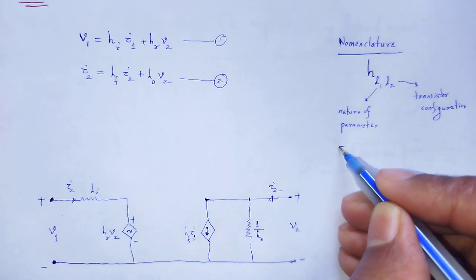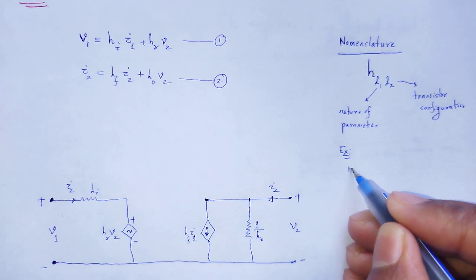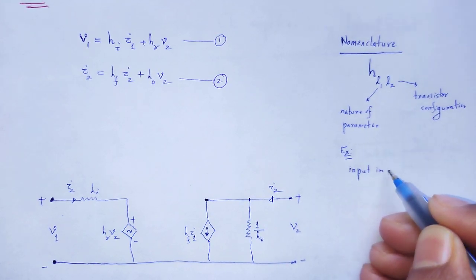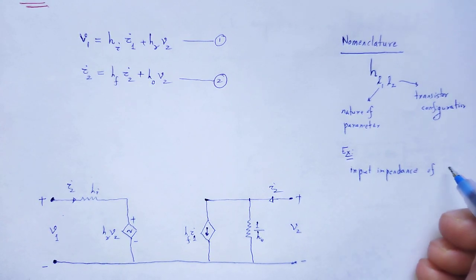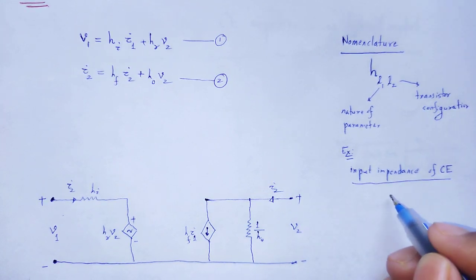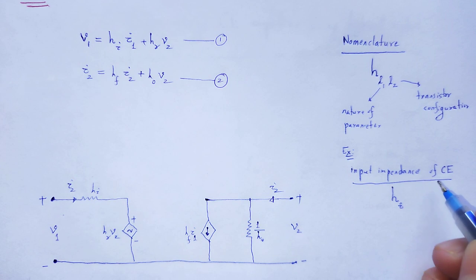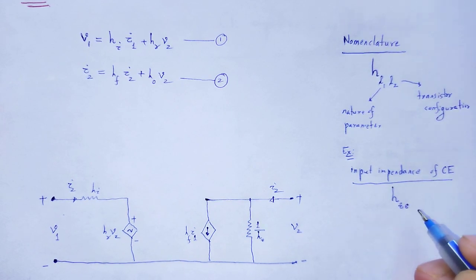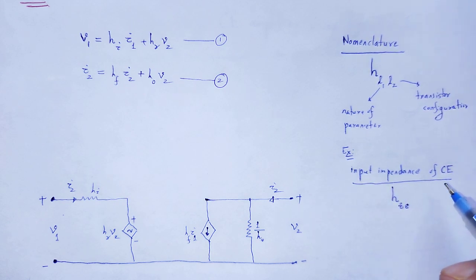Let us take an example: input impedance of common emitter. In terms of H parameter it is written as H. For input impedance, the first letter stands for nature of parameter, I. For common emitter it is E. So, HIE represents the input impedance of common emitter.